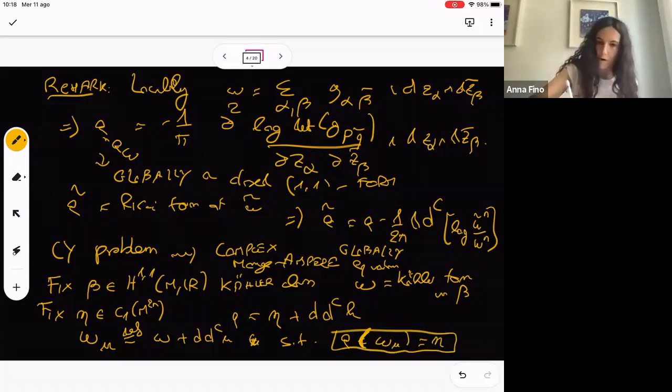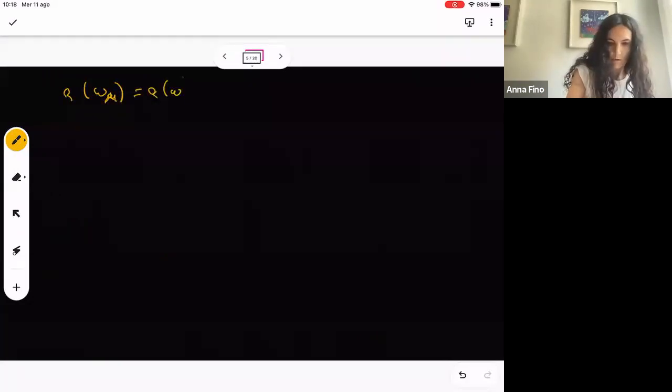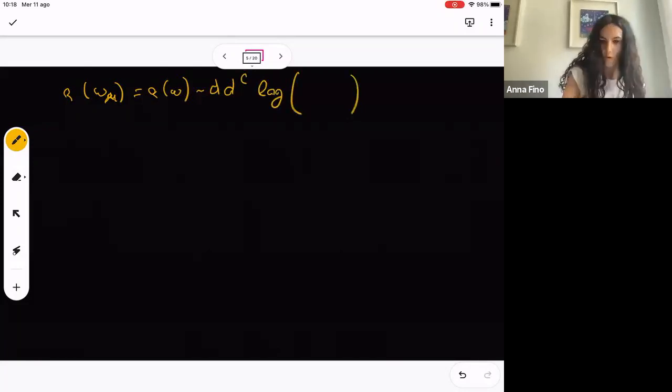And what we can remark is that the Ricci form associated to omega u is equal to rho of omega minus dd^c of the log of the function that I mentioned before, omega plus dd^c u to the n over omega n.